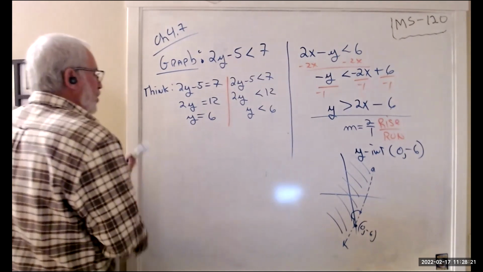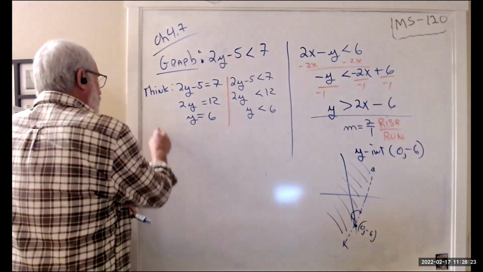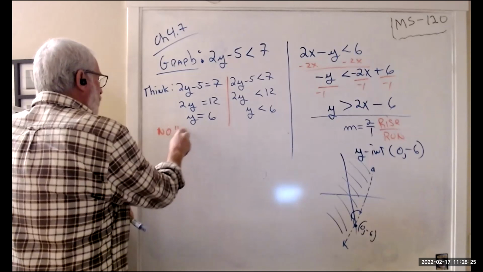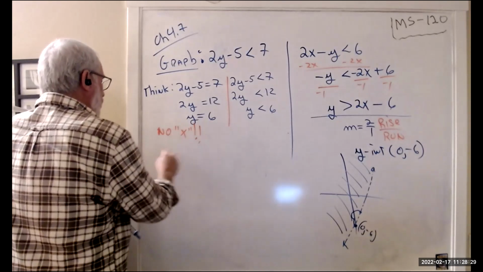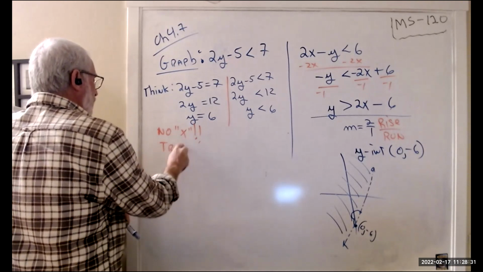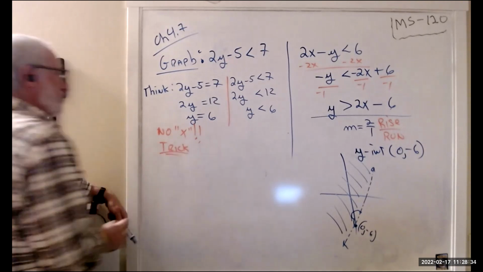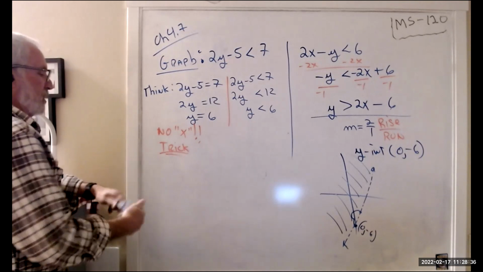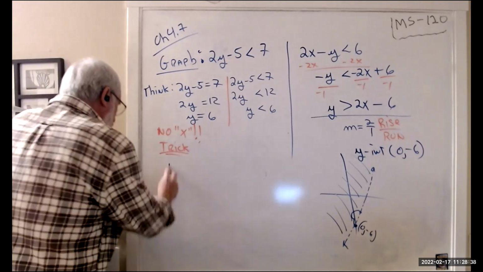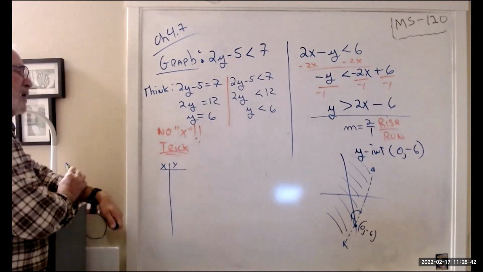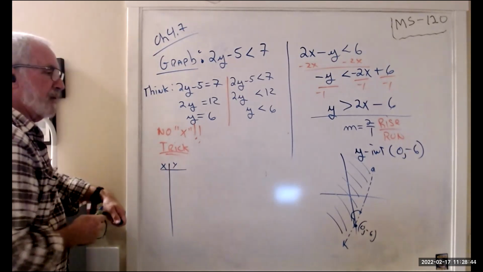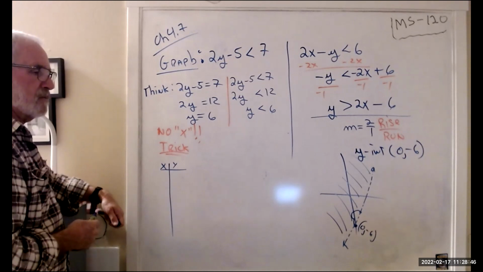this is where you go back in your notes. You go something like, there's no X. It's a trick. Okay, there's no X. And I know some of you are sophisticated enough, and this is bringing back math, that you can graph this immediately.